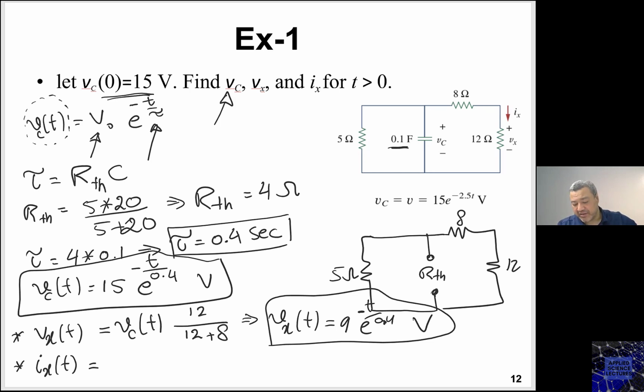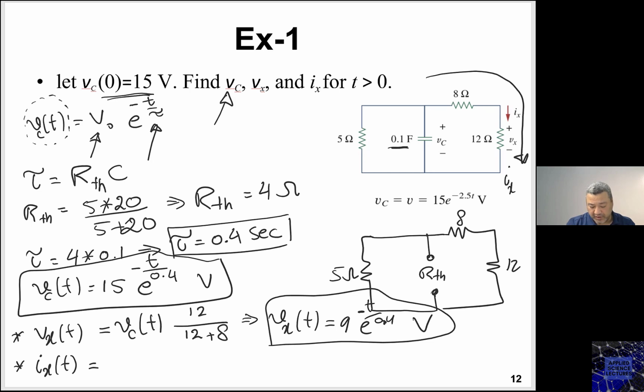Ix(t) is the current that goes into this branch, right? So this is Ix. Vx over what R? Give me the value of R. 12. That is correct. So Ix(t) is Vx divided by 12.